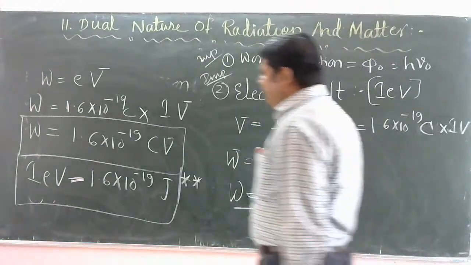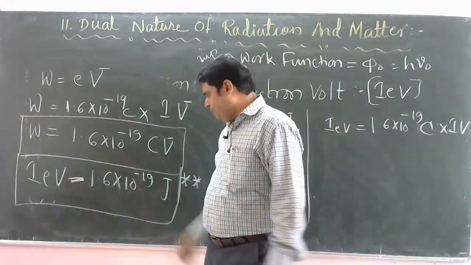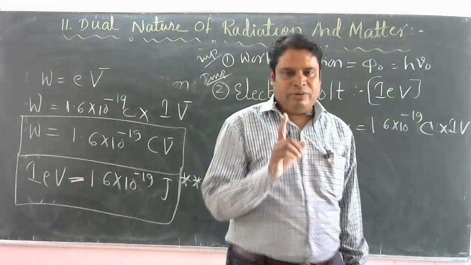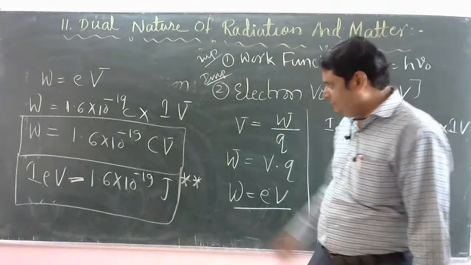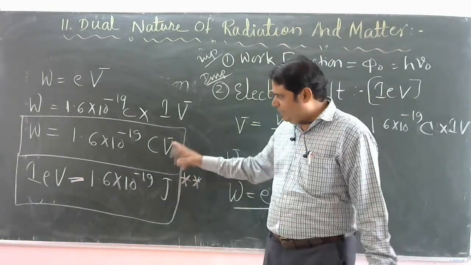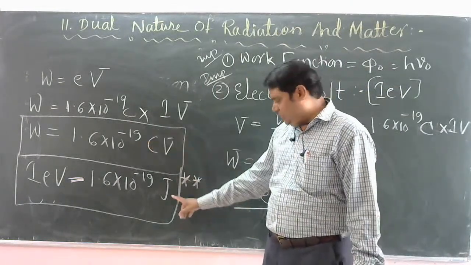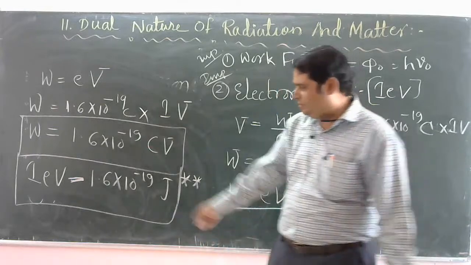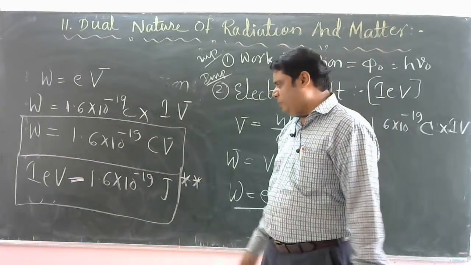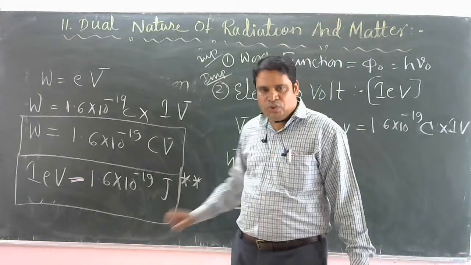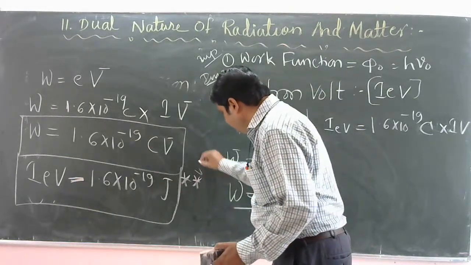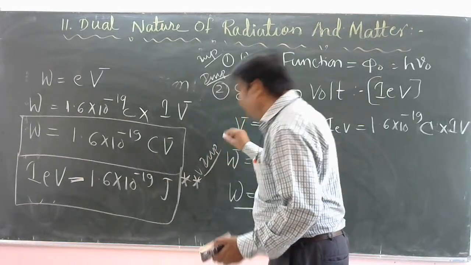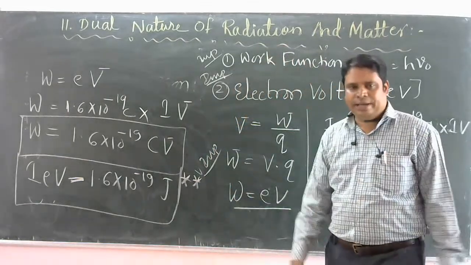1 electron volt is equal to 1.6 into 10 raised to minus 19 joules. While solving problems, this is very important. The actual form is not in joules, so this is an easy conversion. 1 electron volt is equal to 1.6 into 10 raised to minus 19 joules. Very important. Okay?